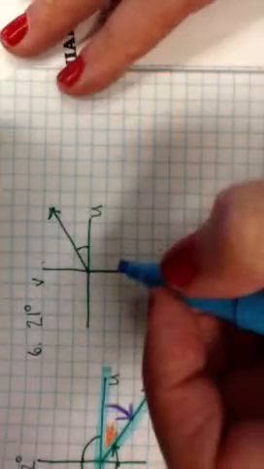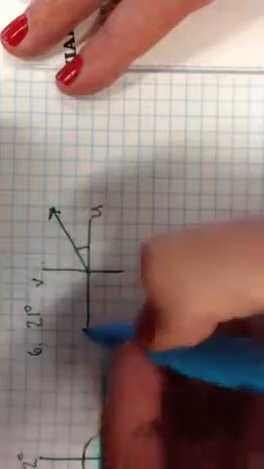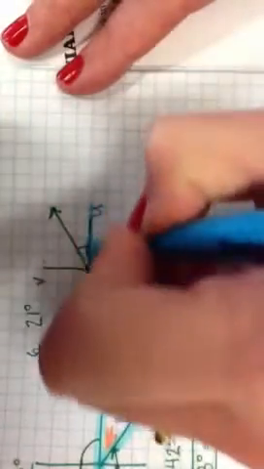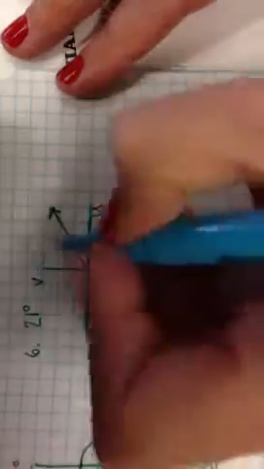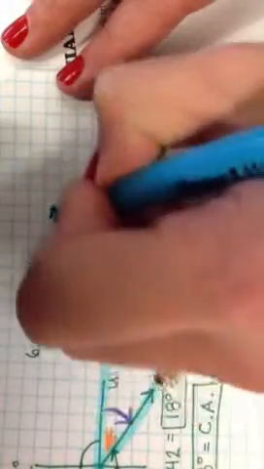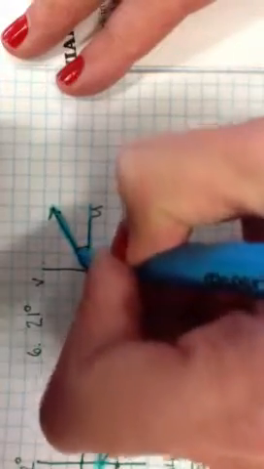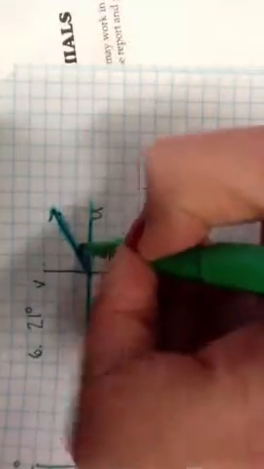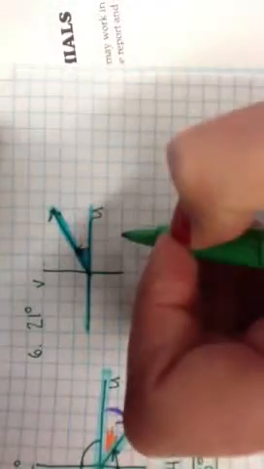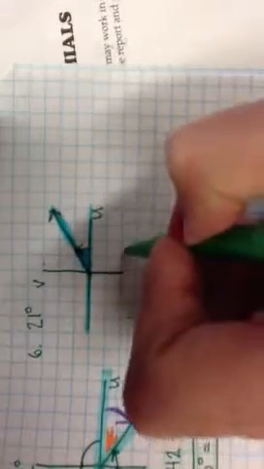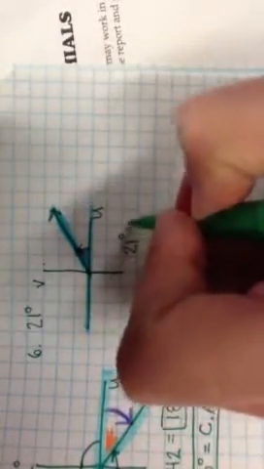So my reference angle has to be between the x-axis and my terminal side. So it's right here. So what is that? Well, it's the same distance that I just went. So my reference angle in quadrant 1 is also the original angle. So 21 degrees is my reference angle.